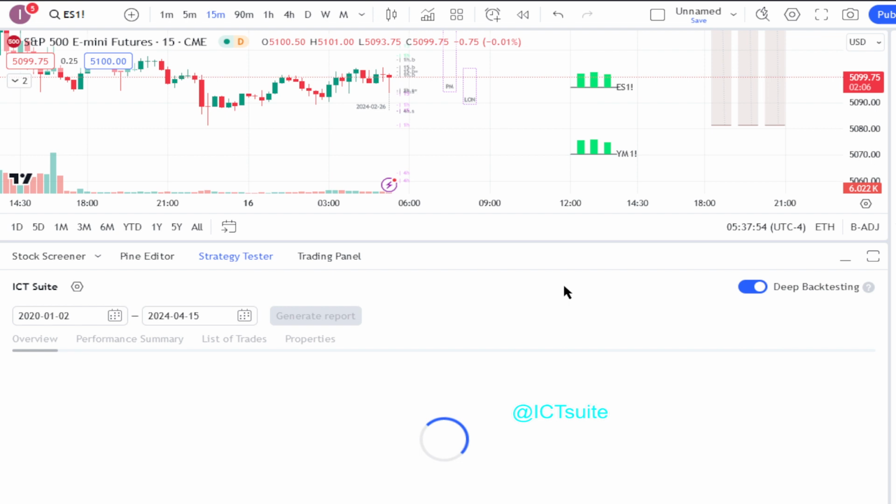I spent a lot of time sitting here and backtesting different options and combinations. It takes a lot of time, but you gain a lot of knowledge about which components work together, which don't.